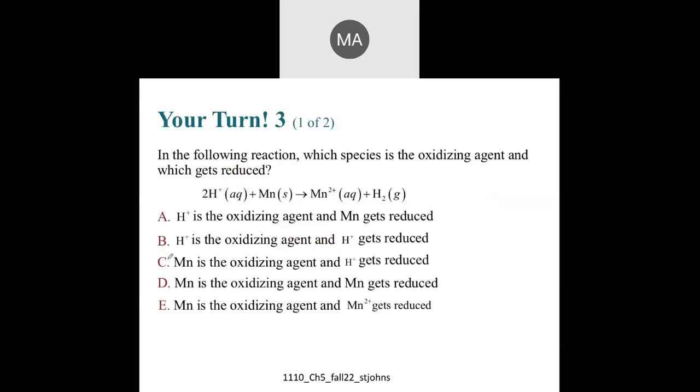In this reaction, if we look into the charts, hydrogen gas 0, here the 0, here +2. So these are the oxidation and these are the reduction.